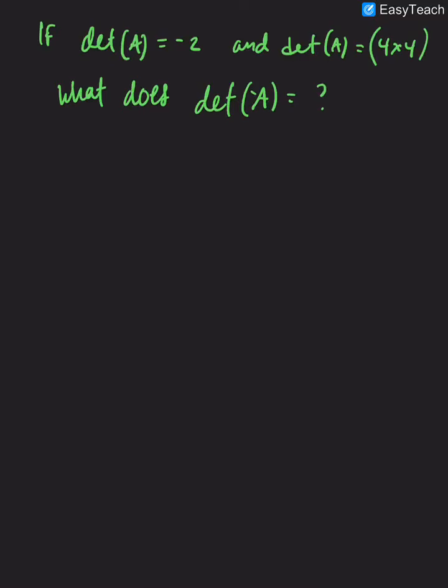So moving on, we have this problem. If the determinant of A is equal to negative 2, and the determinant of A is a 4x4 matrix, what does the determinant of negative A equal? Well, if we think back to our properties, this is actually not so bad.